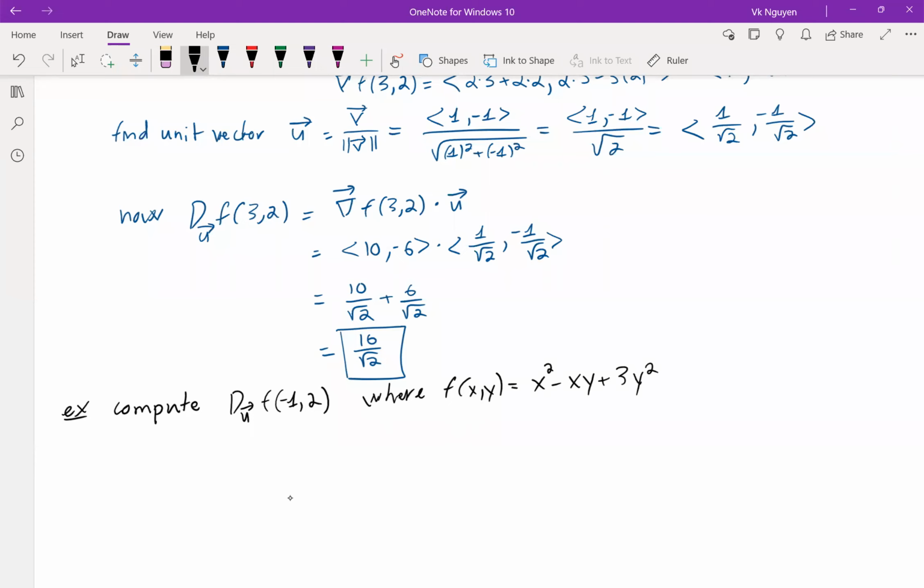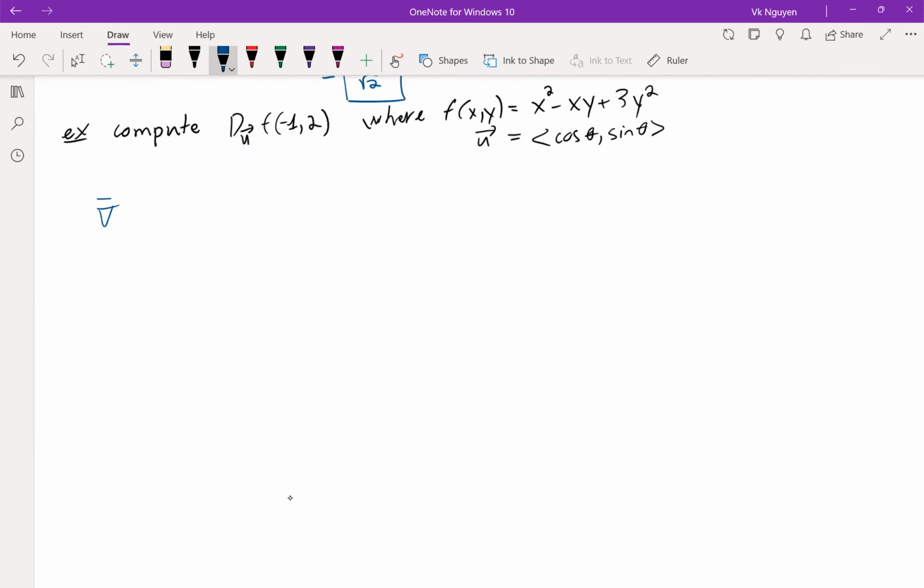And u is (cosine theta, sine theta). The gradient vector: fx is 2x minus y, fy is going to be minus x plus 6y.